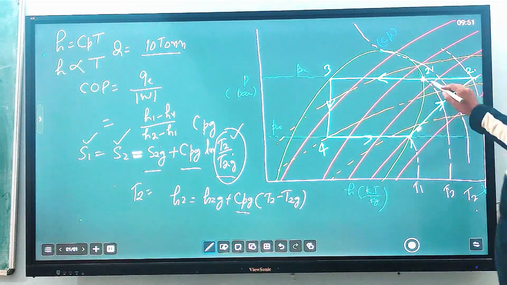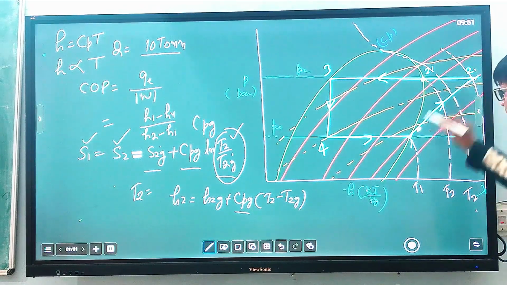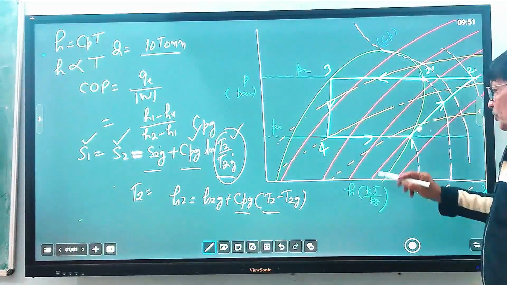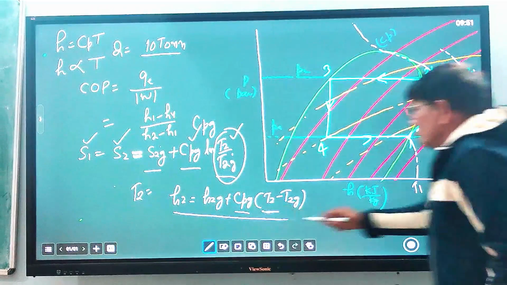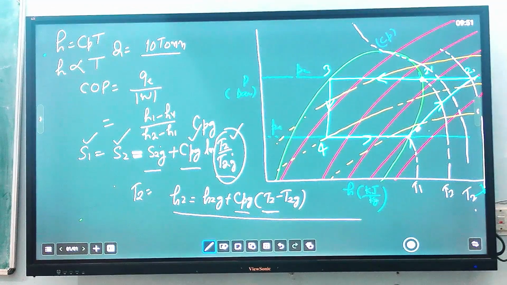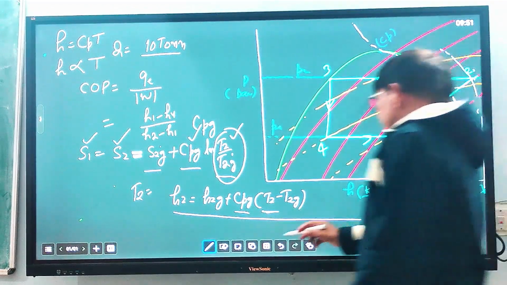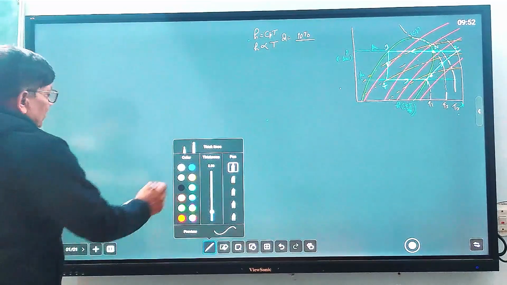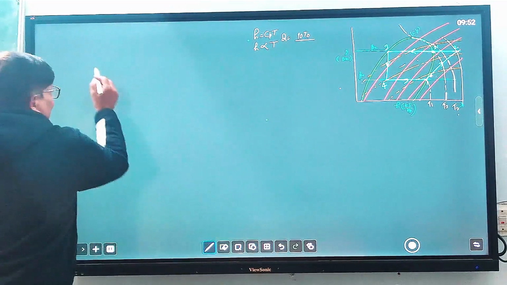This value is already given, this temperature is already given, and T2 you have calculated just by using this equation. So now you can find out H2. Now by using these values, you have to find out H2.